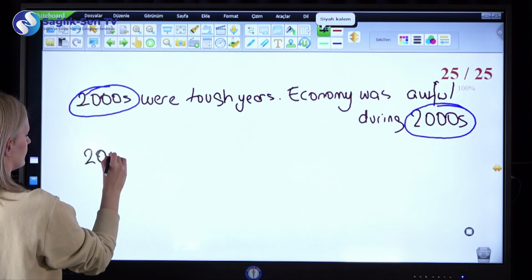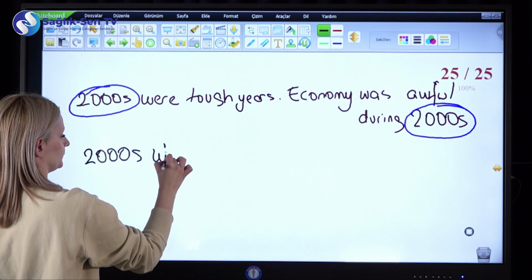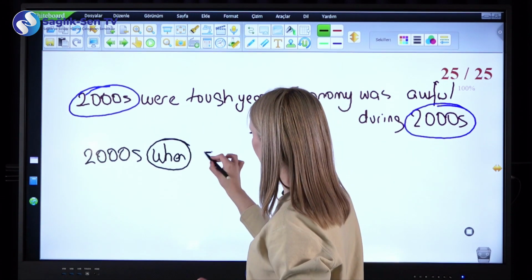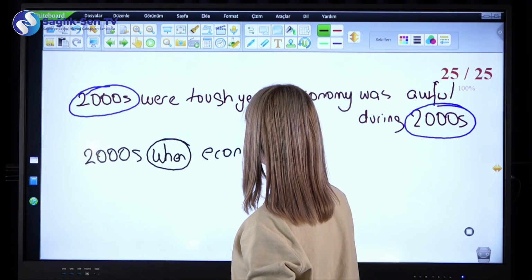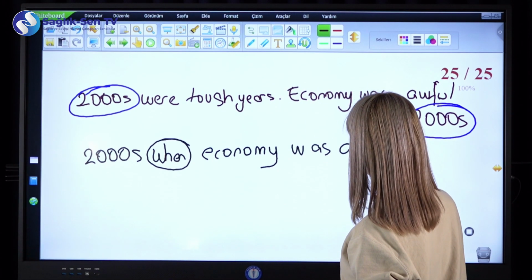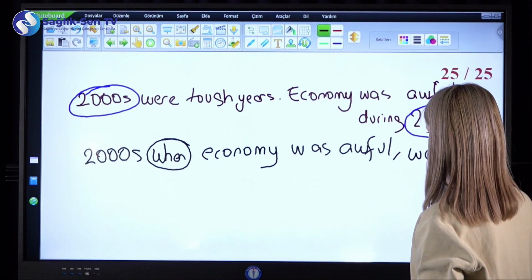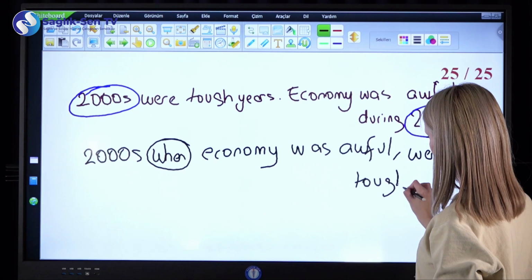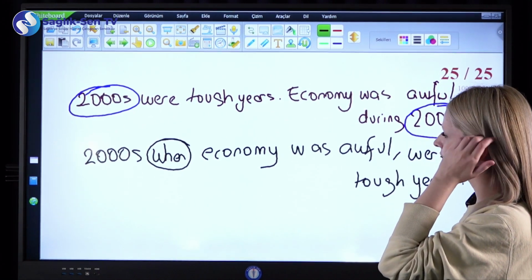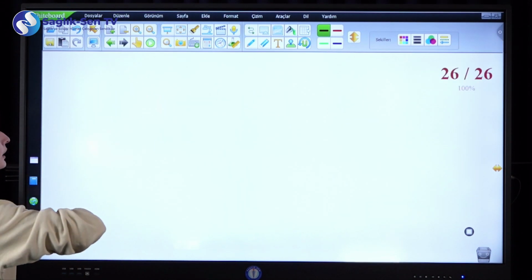I start my sentence 2000s when, my relative pronoun, when economy was awful, were tough years. So as you can see, we define the time using when.